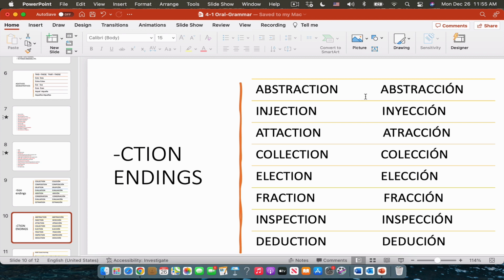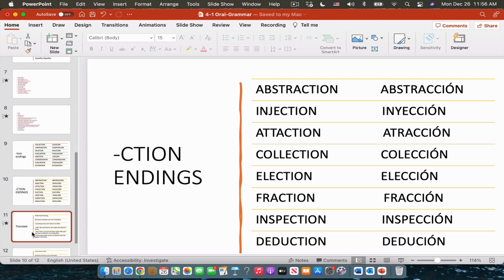So you see abstraction, with CT here, in Spanish becomes abstracción, CC. Injection, inyección. Attraction, atracción. Collection, colección. Election, elección. Fraction, fracción. Inspection, inspección. Deduction, deducción.